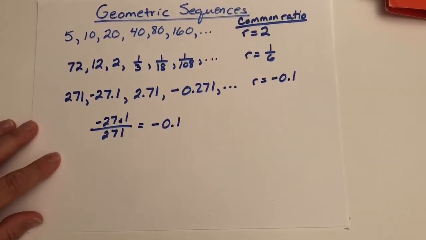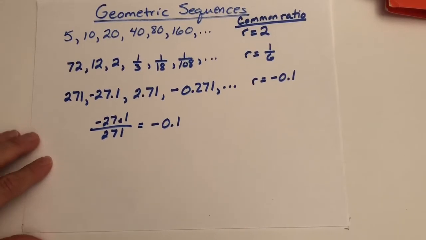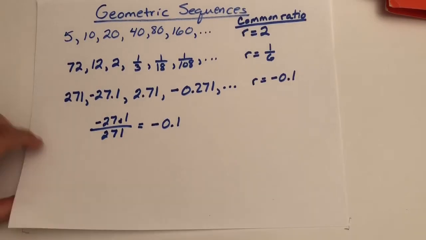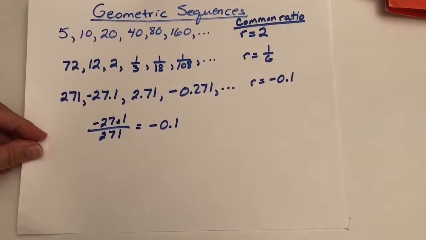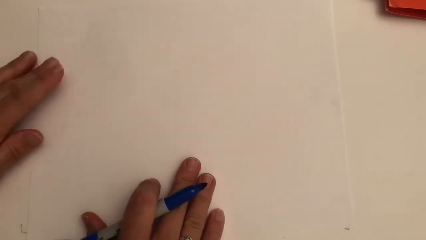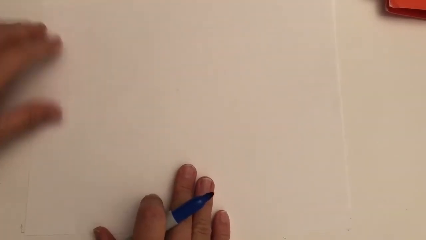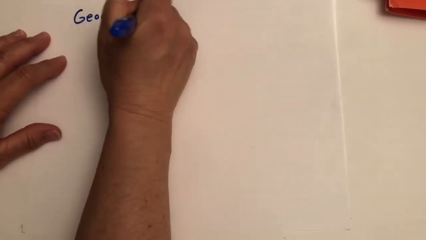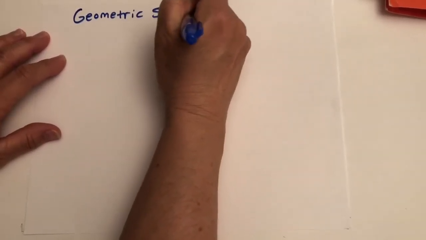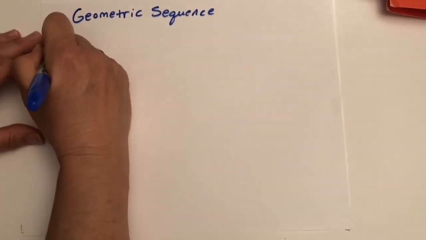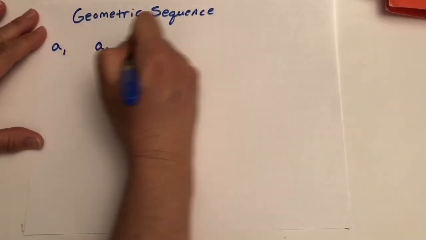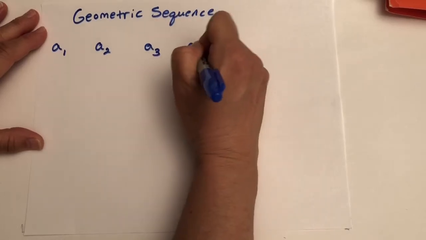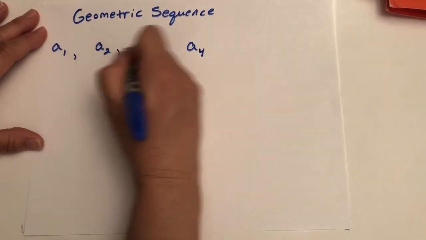So let's look at a sequence in general that is geometric. Let me just list the terms. Did I say arithmetic? Terms of a sequence that are geometric. Let's let our geometric sequence be represented by the terms a sub 1, a sub 2, a sub 3, a sub 4, and continue.